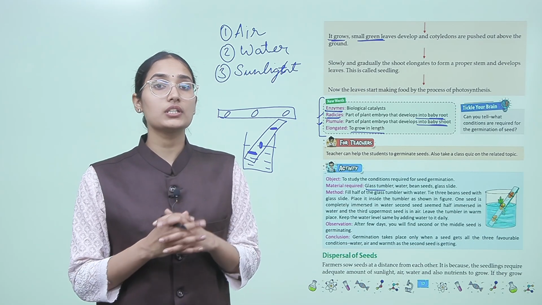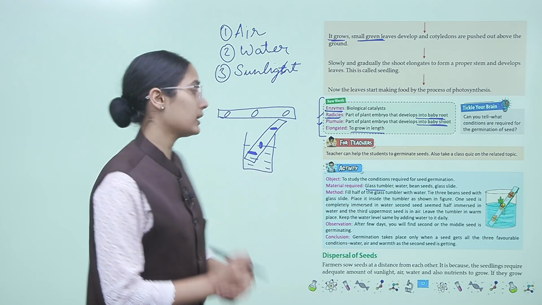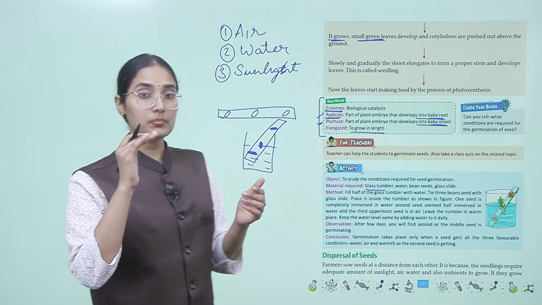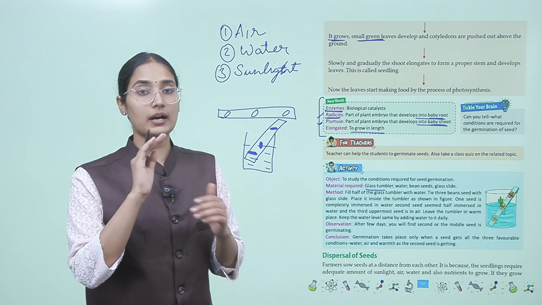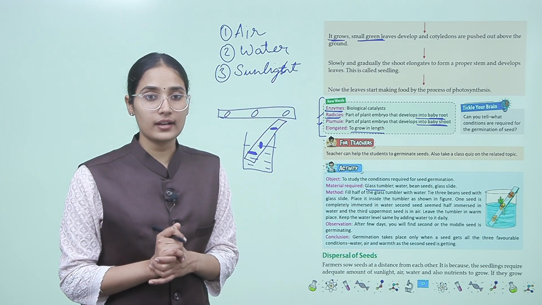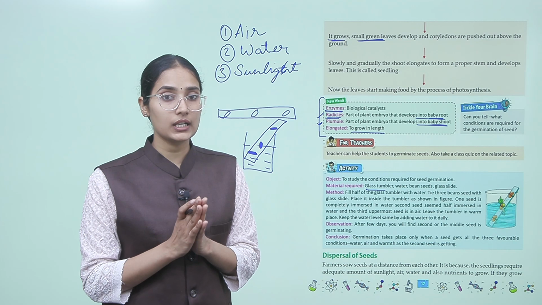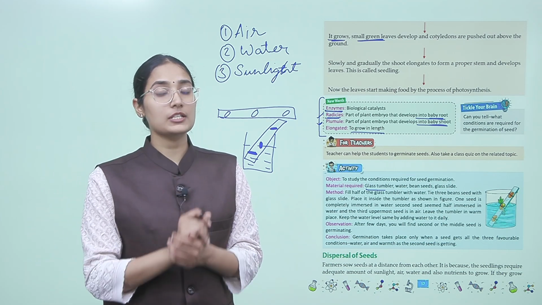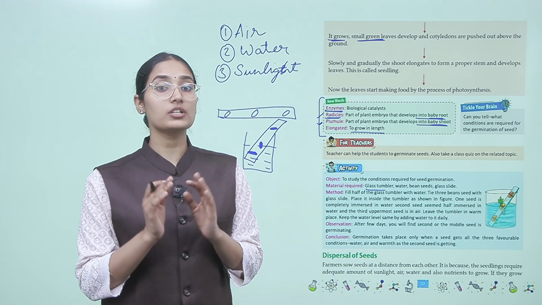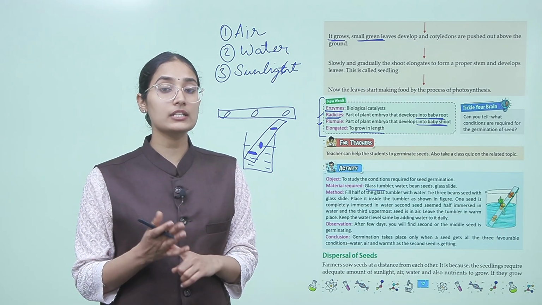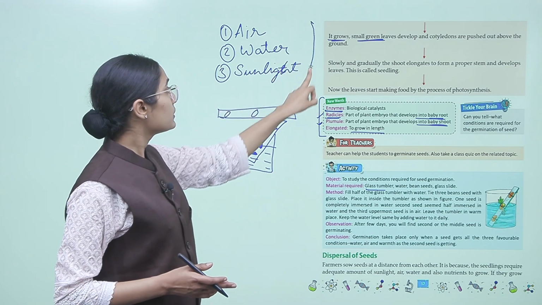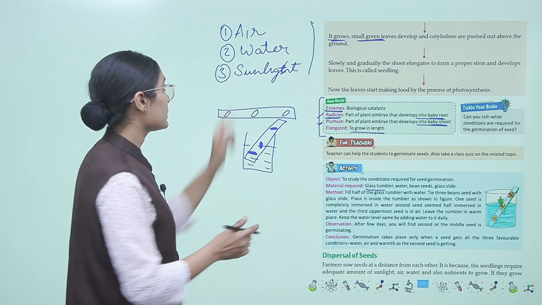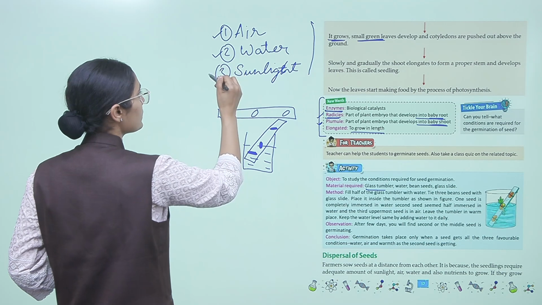After 2-3 days, you will observe that this seed, which is partly under the water and partly towards the air, will start to germinate. Why? Through this experiment, we understood that germination takes place only when a seed gets all three things: water, air, sunlight.